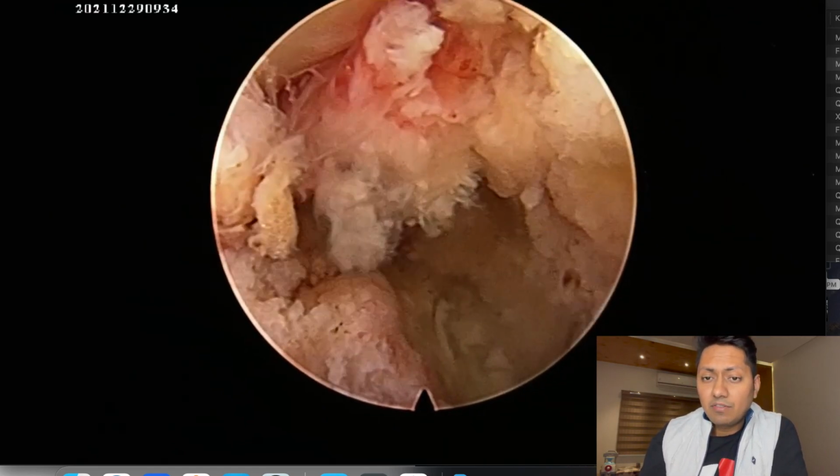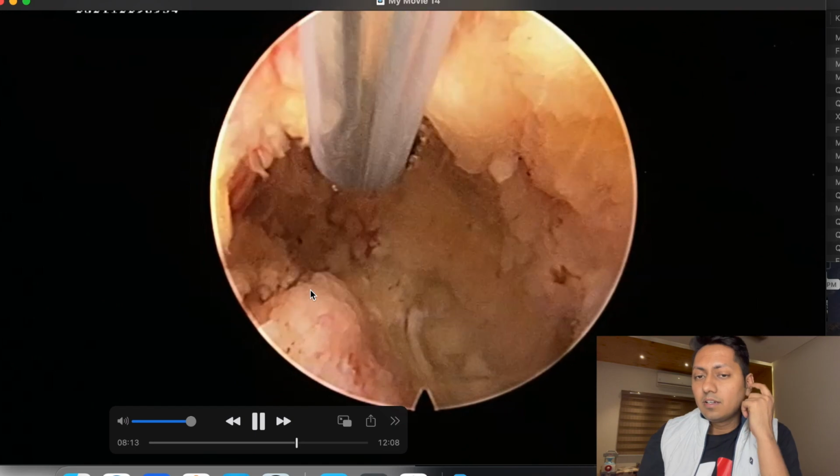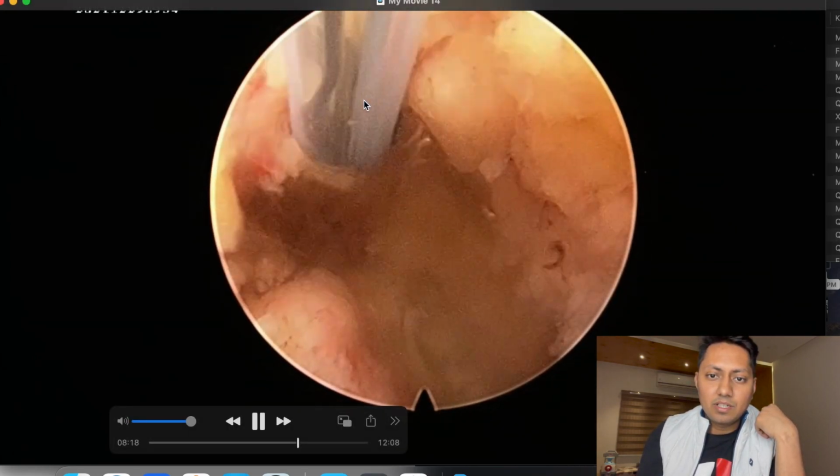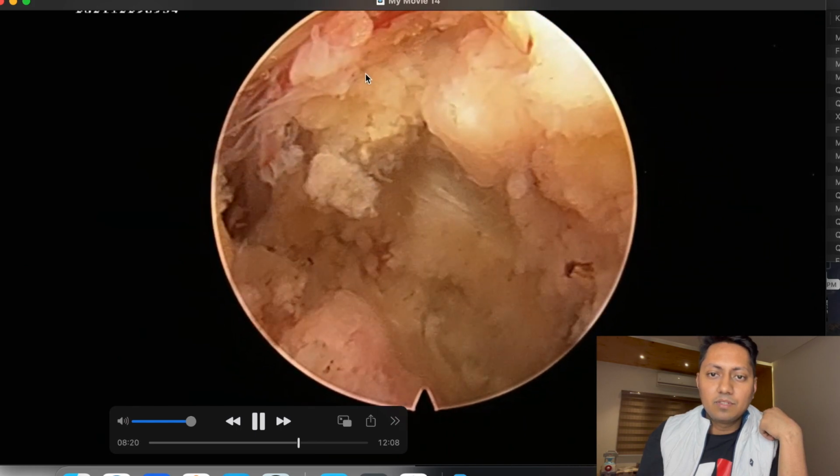This is the starting where we have decompressed adequately our traversing L5 nerve root. You can see some more tissue is left, which we'll subsequently remove now. This one.